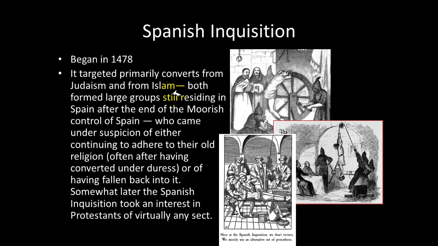People in the Catholic Church in Spain at that time did not believe them. They thought that these people were trying to infiltrate the Catholic Church. There were some people who thought they were secretly abiding by their old religion.